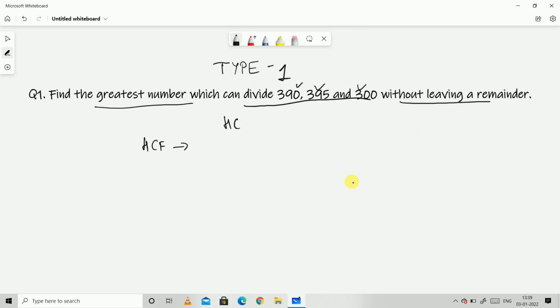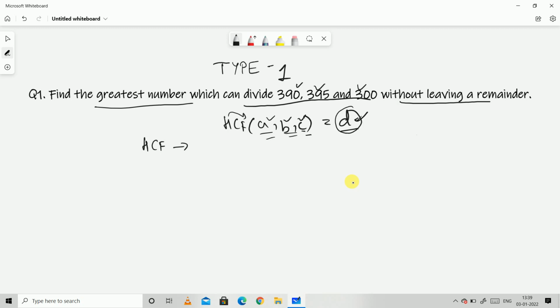Like if the HCF of A, B, C is D, suppose, then D is a common factor of all these three and it is also the highest common factor. That's why the full form of HCF is highest common factor. So it is the common factor and it is the highest also. There can be no other number which can divide all these three which is greater than D. D is the greatest number which can divide these three numbers.